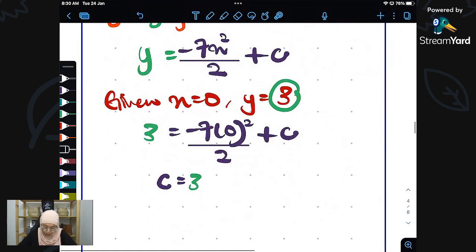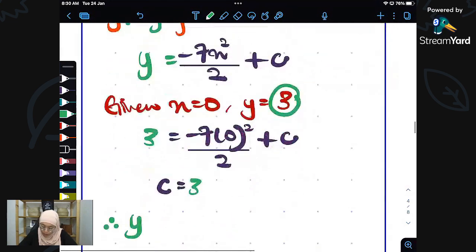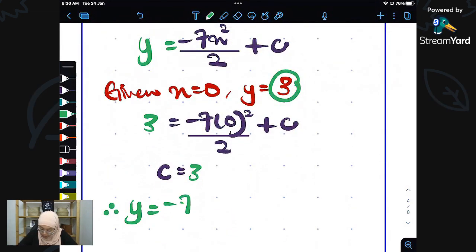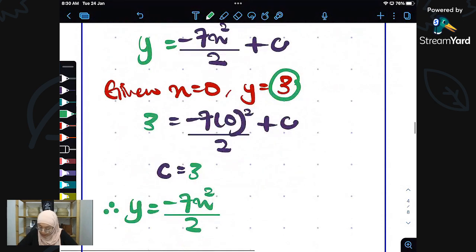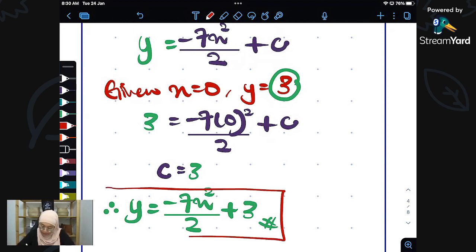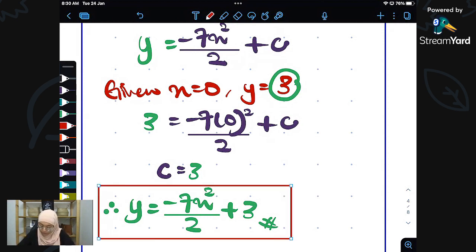As a conclusion, we write down nicely y equals negative 7x squared over 2 plus 3. Ta-da! This is our particular solution. We finish the first example.